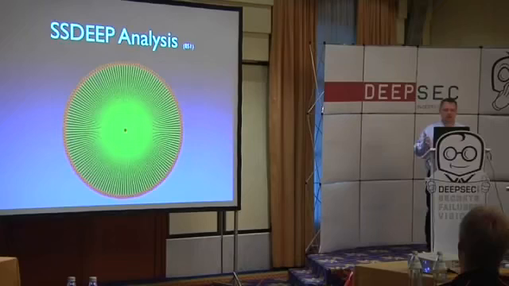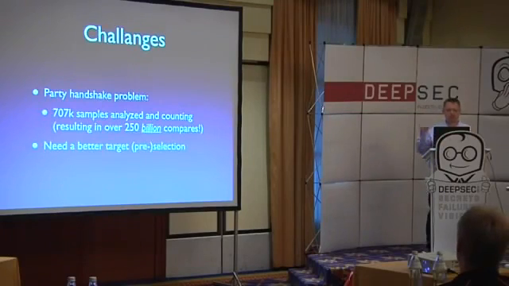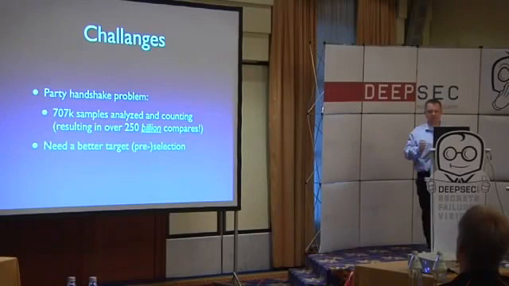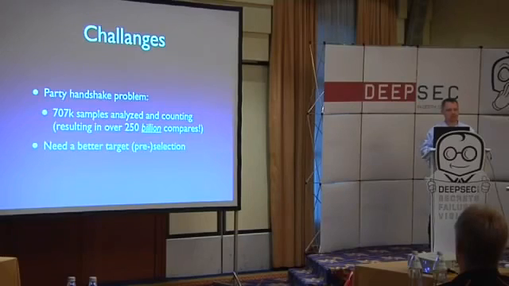But the thing is, I'm still doing the index building, so I'm having a big data problem. Just before I started this talk, I saw that I have 707,000 samples in my database, and I keep adding to it as I'm standing here. And you have the party handshake problem.